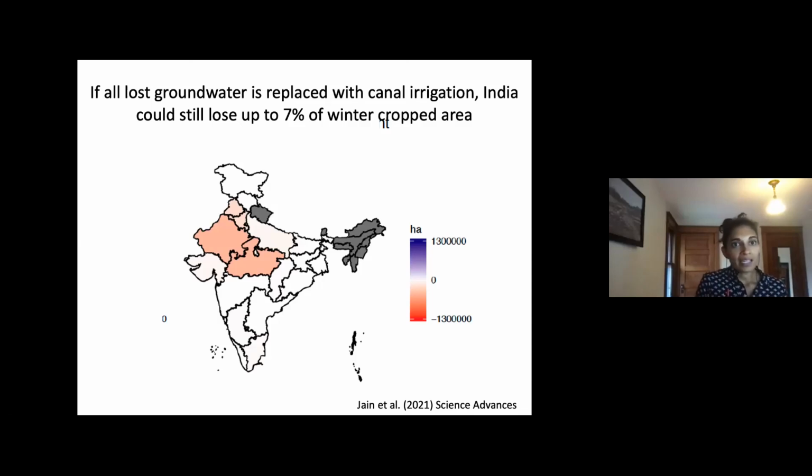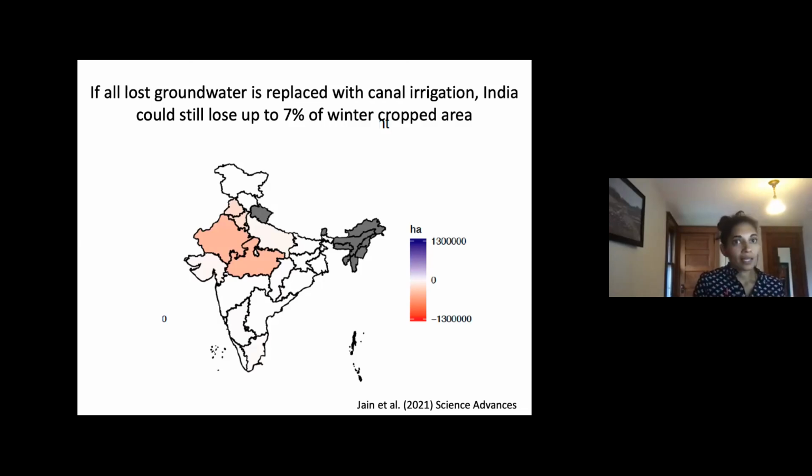And we find that even if you are able to give 100% of farmers access to canal irrigation, you would still have a loss of winter production of 7%. So really, canal irrigation can help, but it's not going to be the full solution to maintain production in the face of groundwater loss.